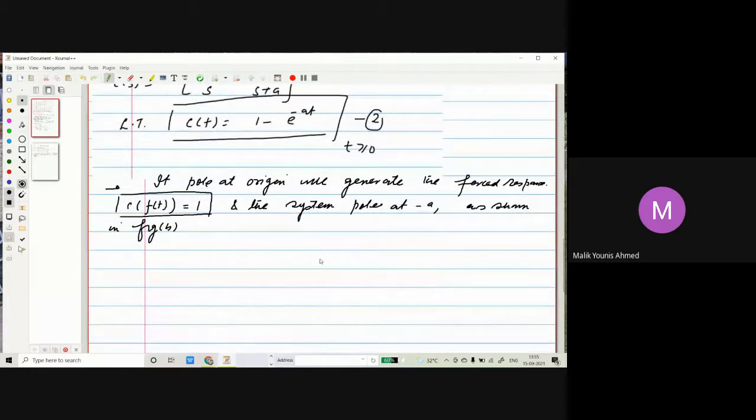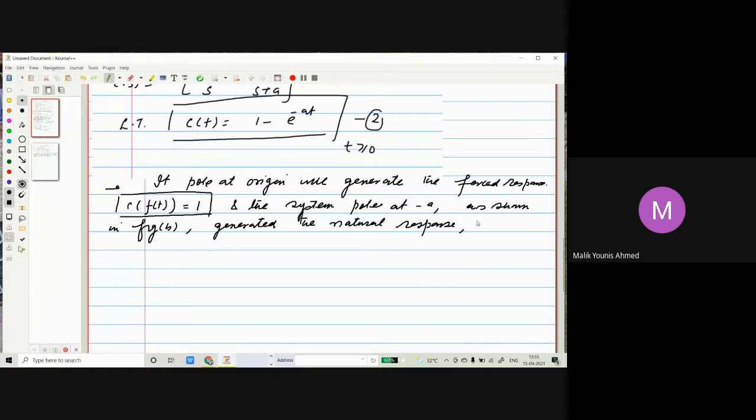So as shown in figure B, it generated the natural response.